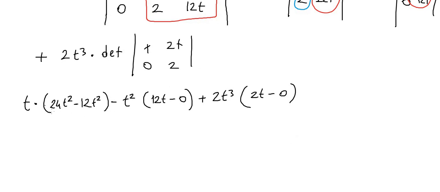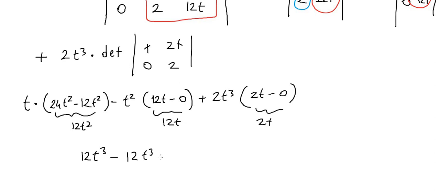Now we're going to simplify this. 24t squared minus 12t squared is 12t squared. This is 12t, and this is 2t. t times 12t squared is 12t cubed, minus t squared times 12t is 12t cubed, plus 2t cubed times 2t is 4t to the 4th.